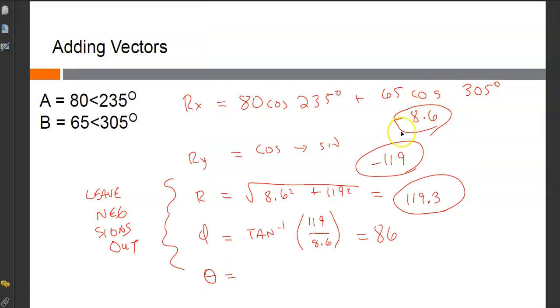How do I know? Because at least one of these had a negative sign, and I ended up somewhere else like that. Where did I end up? I got a negative x going to the left, and I got a negative y. I'm going down. If I go left and down, here's my resultant over here. That's in the third quadrant.